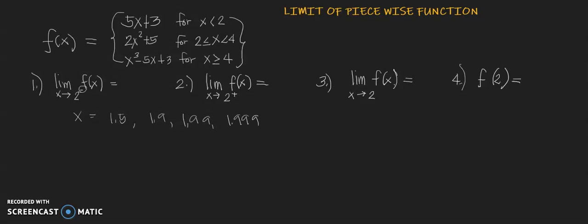Because x is less than 2, we have to use this equation, 5x plus 3. So let me write that. The limit of 5x plus 3 as x approaches 2 from the left-hand side.